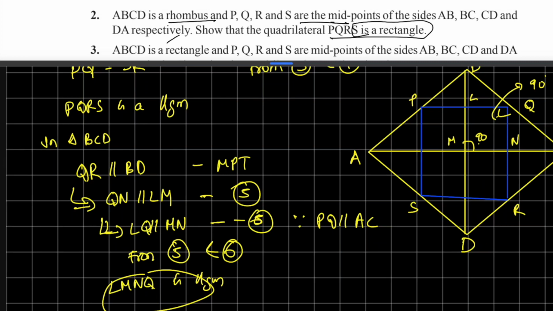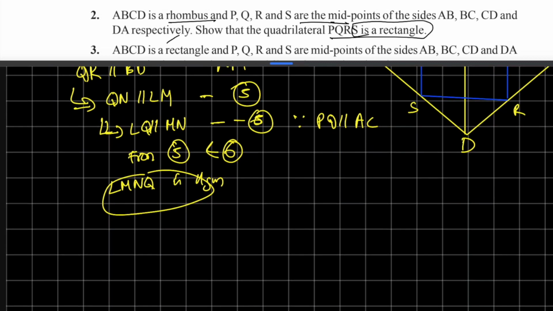So we can say that a parallelogram whose one angle is a right angle is a rectangle, or it can be a square also, but here we have to prove it is a rectangle.